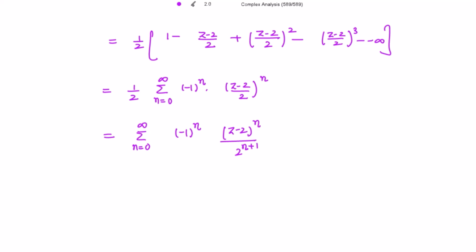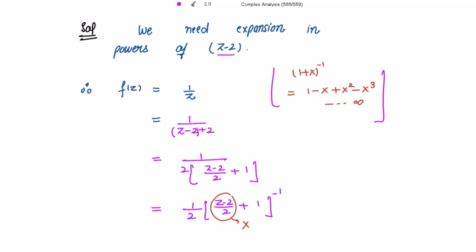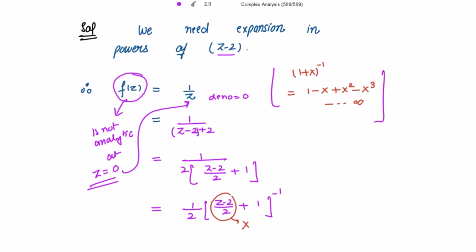Now since f(z) is not analytic at z equal to 0, because our function is 1 divided by z, this function is not analytic at z equal to 0, because when taking z equal to 0, the denominator becomes 0, which means the function is undefined.